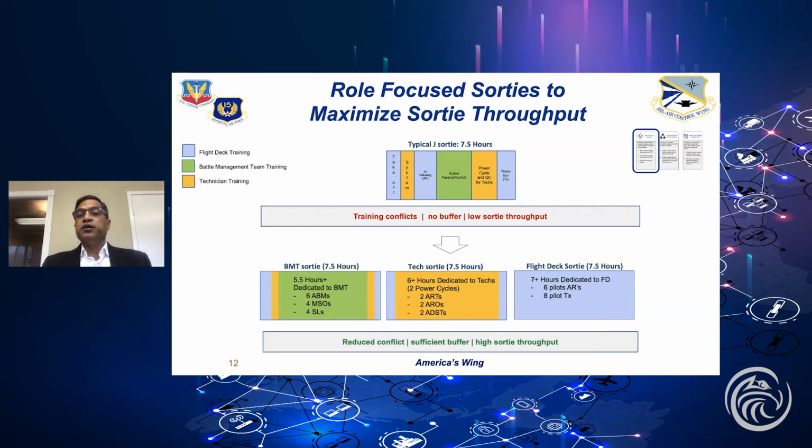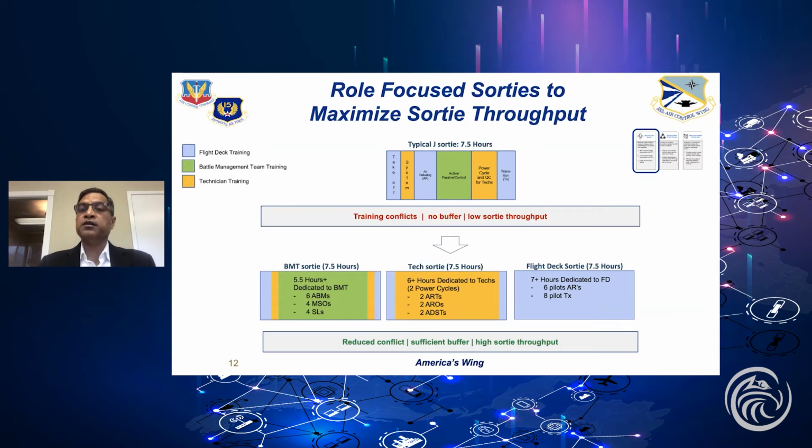Now, when you have so many things packed into one sortie, what used to happen was if anything goes wrong, somebody takes longer, or there is a late takeoff, or some system doesn't power up quickly, it would start conflicting with other roles. And there's no buffer in the system. So while everybody is trying to get something out of the sortie, because of the conflicts, the actual final throughput of the sortie itself was very low.